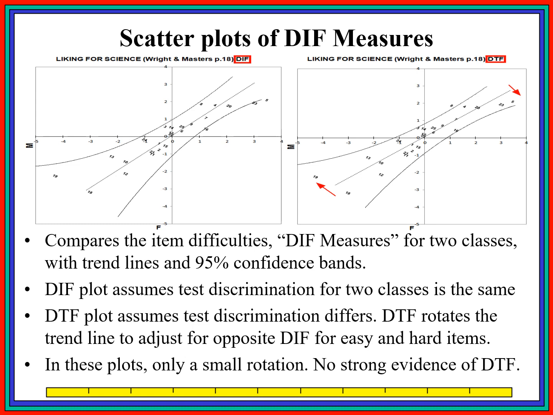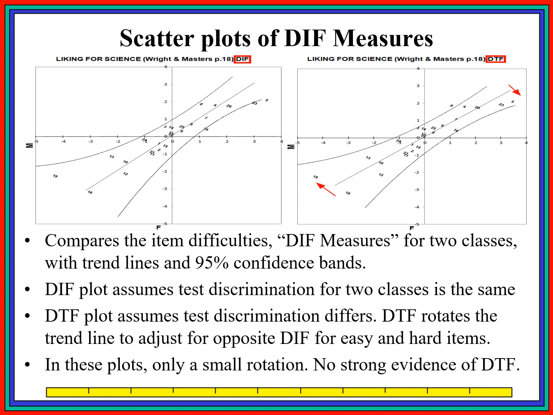We can also cross-plot the measures for the boys and the girls. Also an Excel feature. And this shows us which items are different for the boys and the girls and whether they're significant or not.